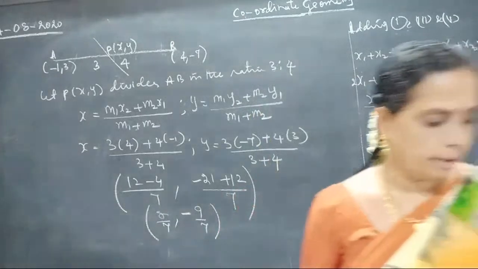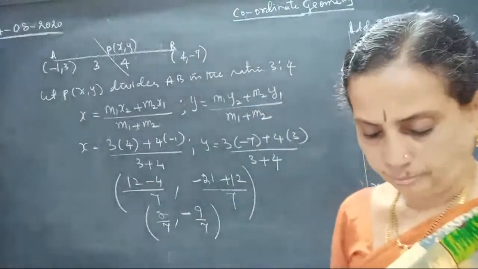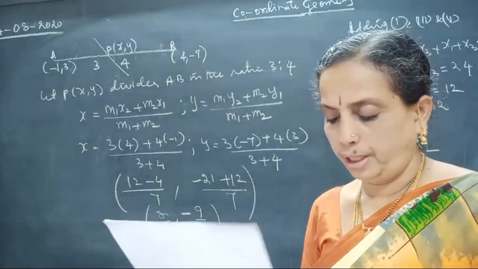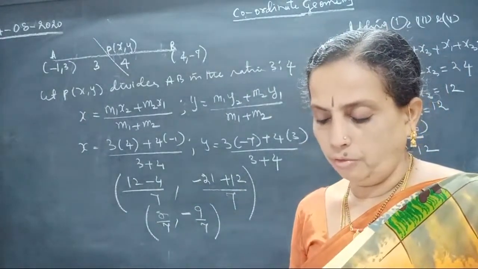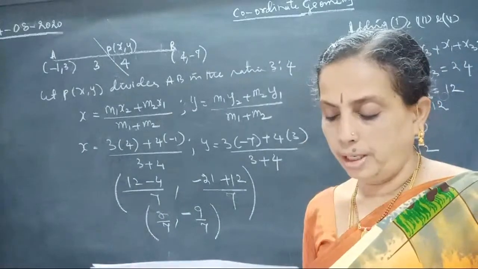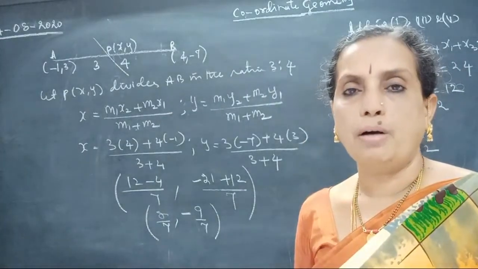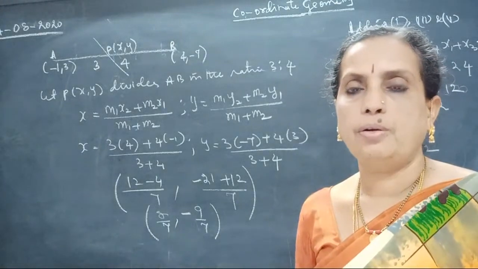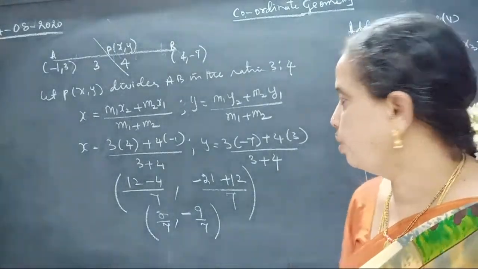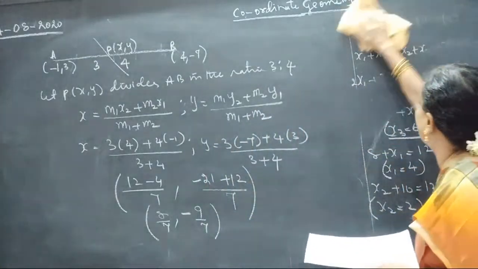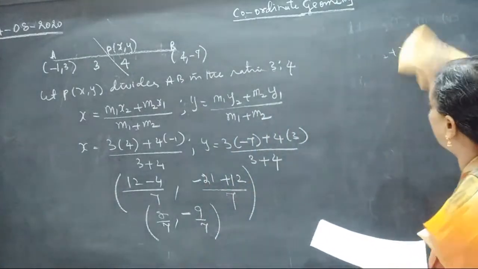Question number 10. Find the length of the median of a triangle having the vertices at A (0, minus 1), B (2, 1), C (0, 3). I'll give the way of finding the length of the median.